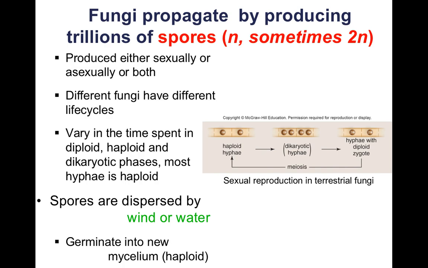That too can last for a while, or it might immediately undergo meiosis to form haploid hyphae again. Okay? So the time and the persistence of these different forms, the haploid, the dikaryotic, and the diploid form, really vary between the different types of fungi.